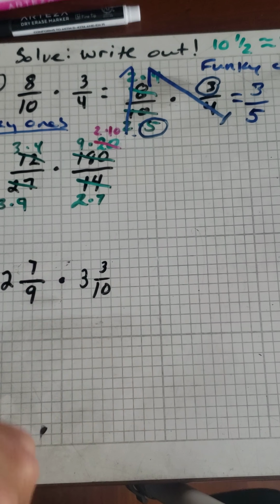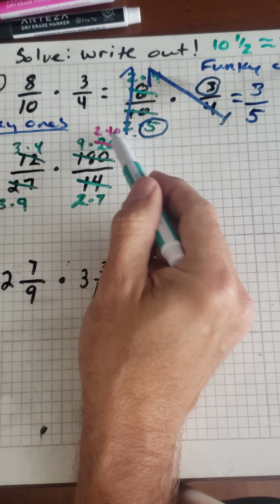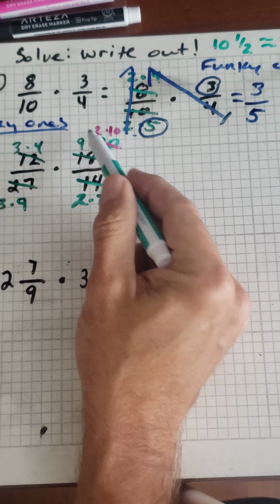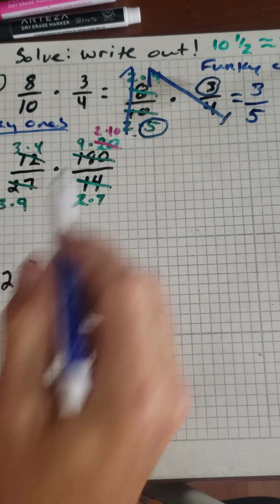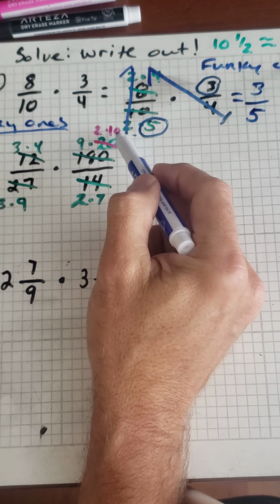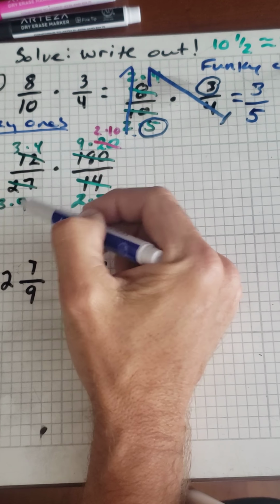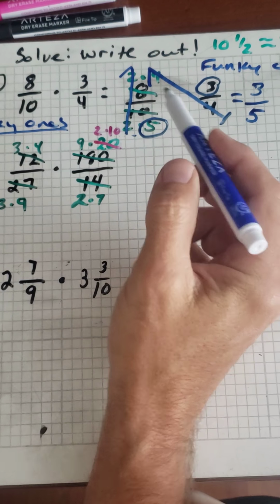So now I broke this 20 down into 2 times 10 so that I'll have a funky 1 with the 2s. All right. So now I don't see anything else that I can break down. I have 10 and 7 and 4 and 9, or 3, those don't seem to do much.